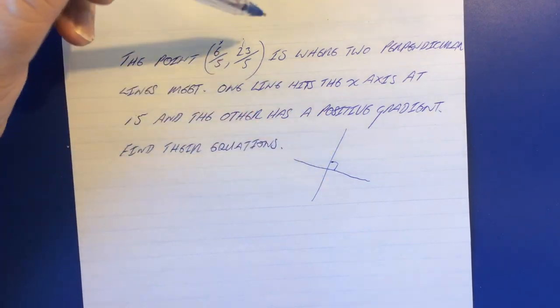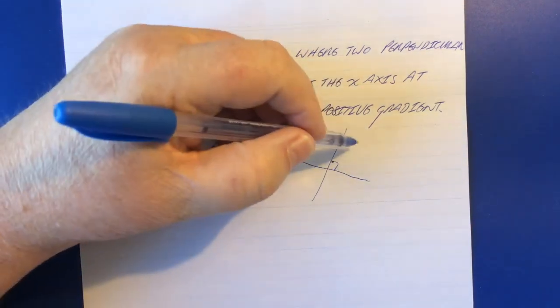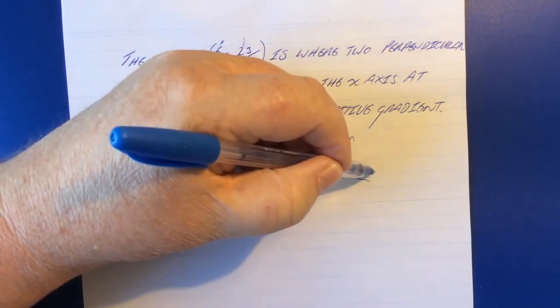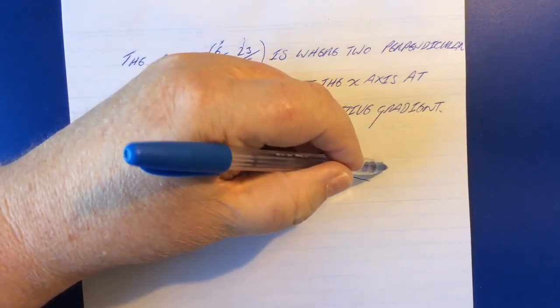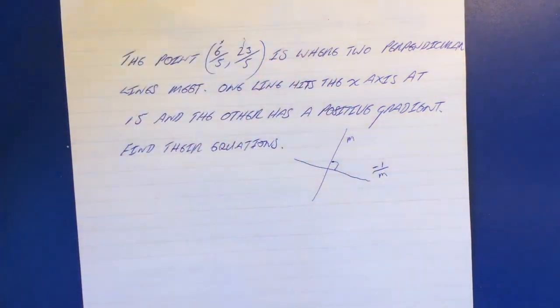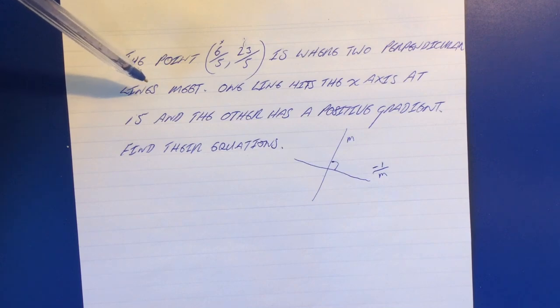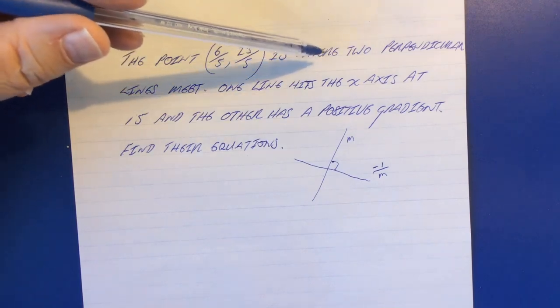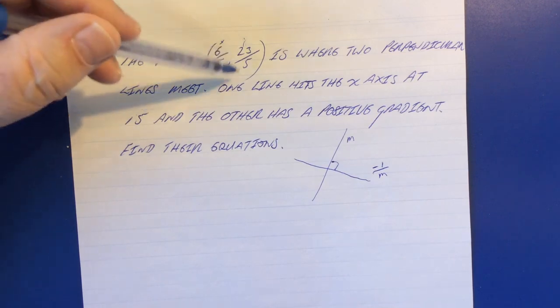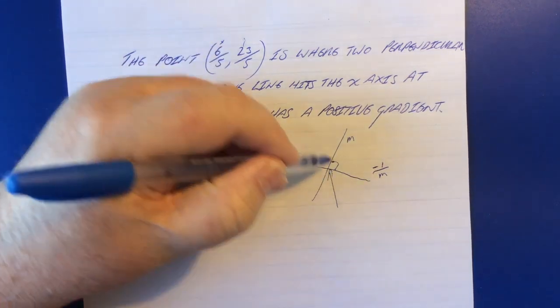If the gradient of this is m, the gradient of this is negative 1 over m. So there's a relationship between the gradients, and it looks like that's going to be important here because we're talking about two perpendicular lines. The point at which they meet is 6 over 5 and 23 over 5.